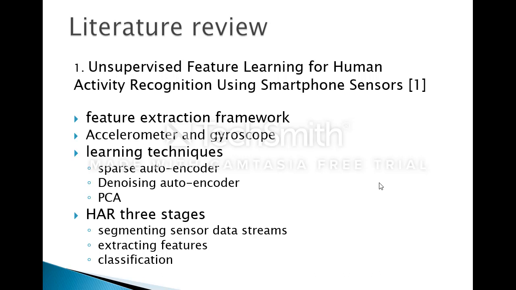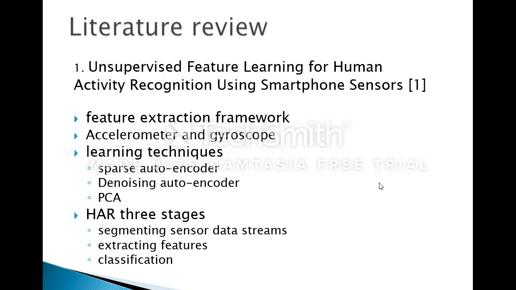HAR includes three stages: segmenting sensor data streams, extracting features, and classification. For data segmentation, a widely adopted approach is the sliding window technique, a fixed-length window moving along the stream with some overlap, which separates the data flow into frames.